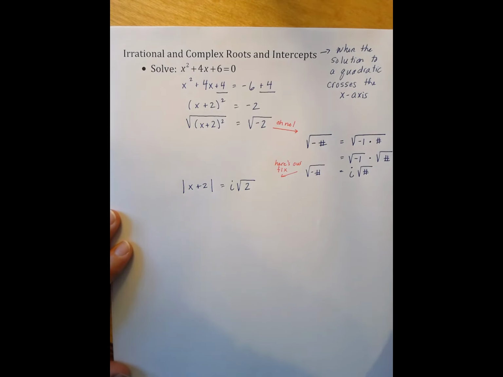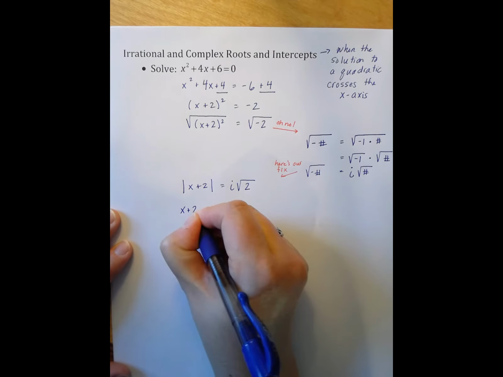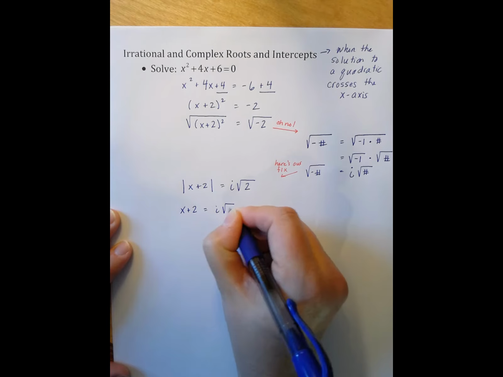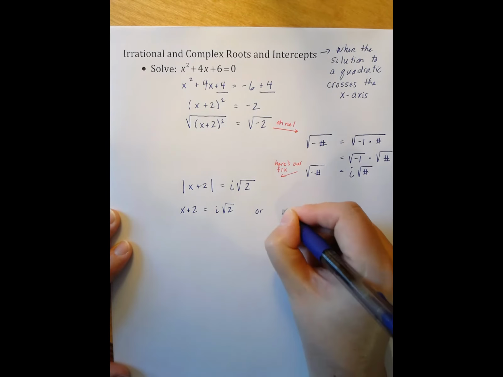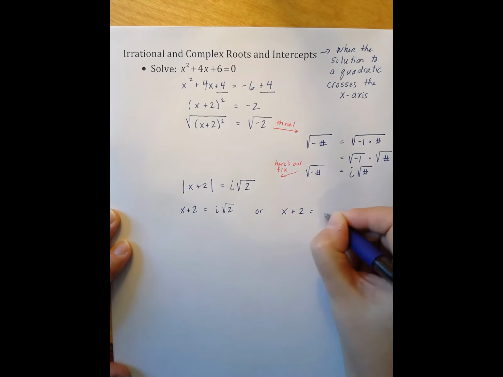So now I follow the exact same methods that I've been using. It's just that I have a letter representing a very particular special kind of number in the mix. So I have x plus 2 equals positive i square root of 2, or x plus 2 equals negative i square root of 2.